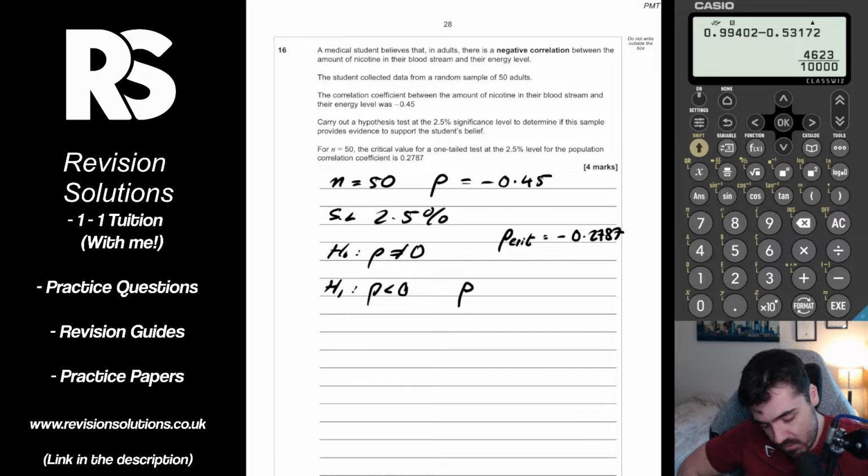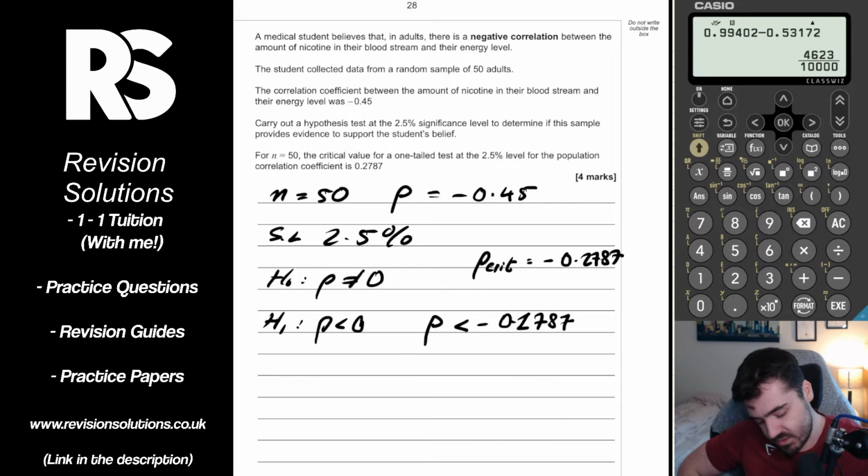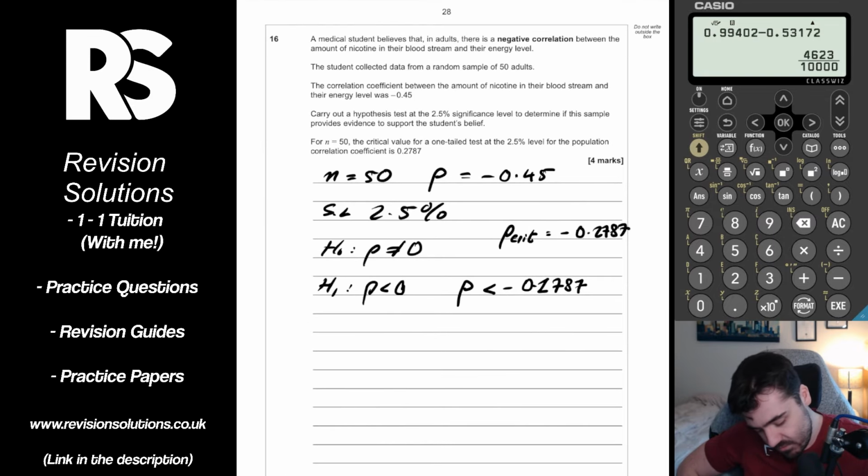So our rho is smaller than minus 0.2787, so it is more extreme. Well, let's use the proper terminology, shall we? So let's say the measured PMCC lies in the critical region.